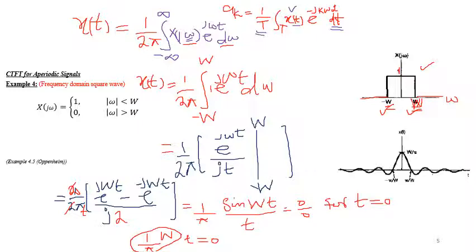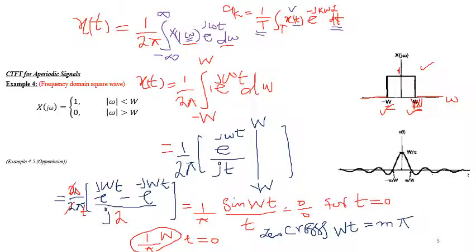And I hope you can easily tell where the zero crossings will be. The zero crossings will be all of the points where omega times t equals m times pi.